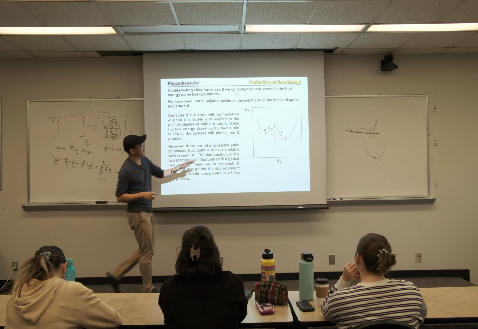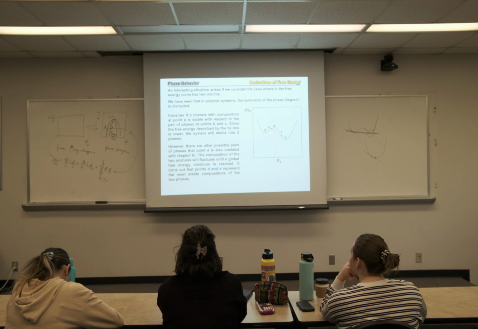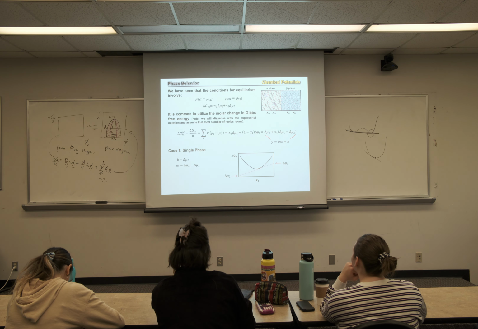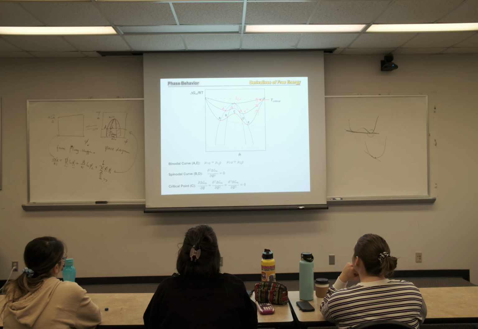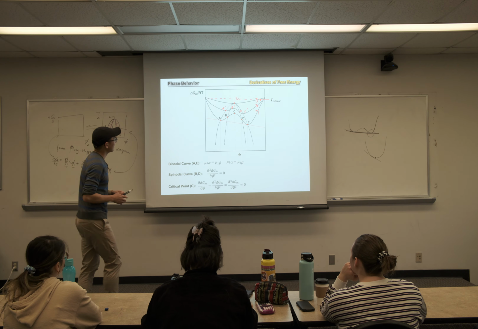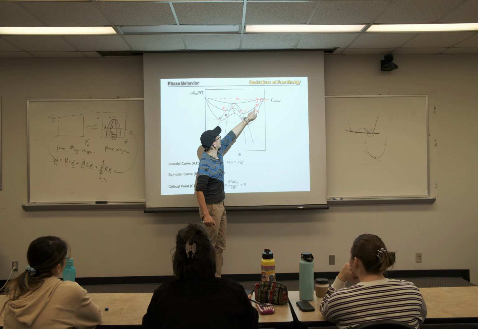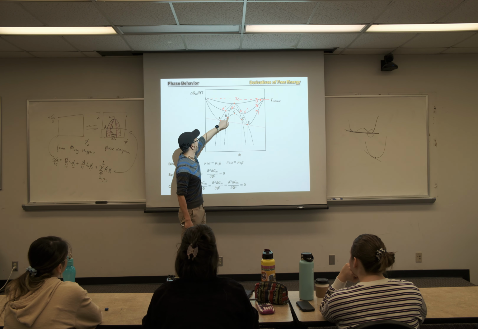So that's why the shape of delta G will change. Let me show you here. I jumped a few slides, but we're going to come back. So at different temperatures, for example three different temperatures, which will impact chi, you would have different shapes of delta G.